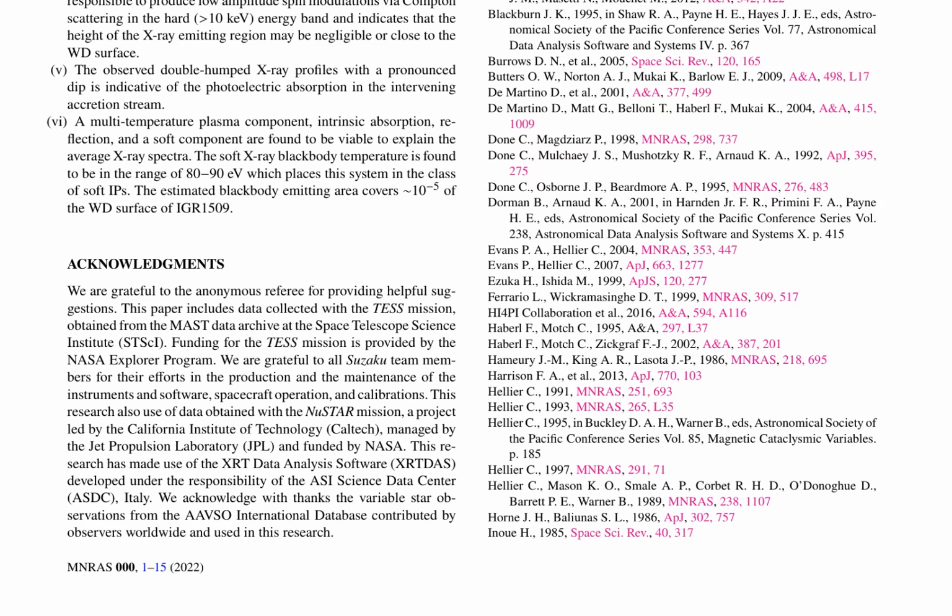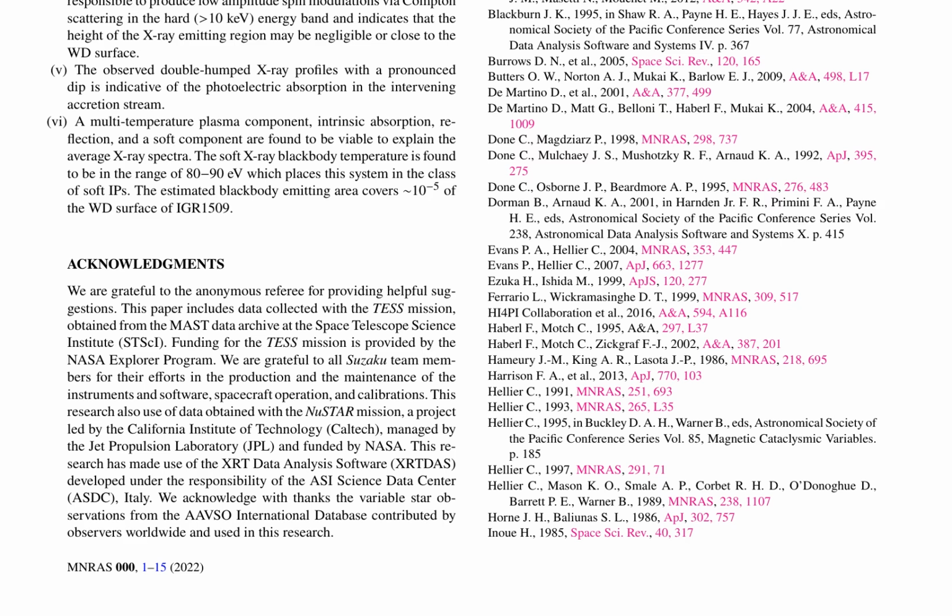The X-ray spectra can be explained by a multi-temperature plasma component, intrinsic absorption, reflection, and a soft component. The soft X-ray blackbody temperature is found to be in the range of 80-90 electron volts, classifying this system as a soft IP. The estimated blackbody emitting area covers approximately 10 to the power of -5 of the white dwarf surface.